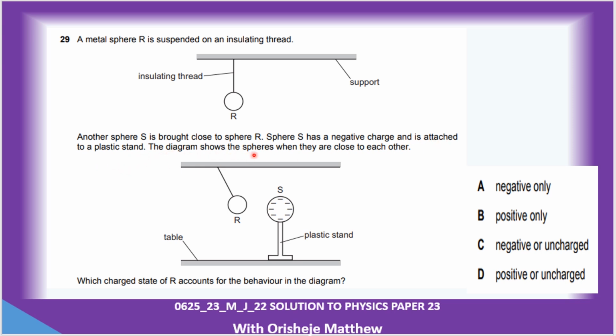The diagram shows the spheres when they are close to each other. So what could be responsible? S is negatively charged, and R is being attracted to it. Which charge of R accounts for the behavior? Unlike charges attract, so it could be positive or uncharged. So D is the answer.